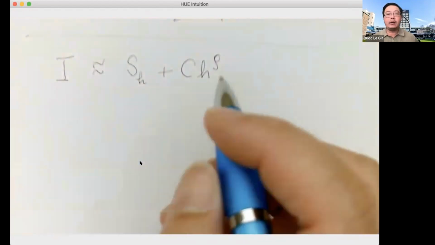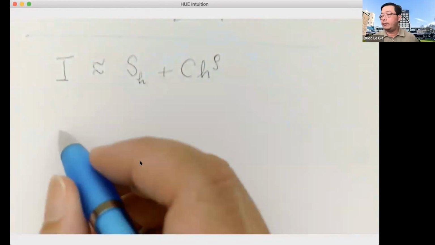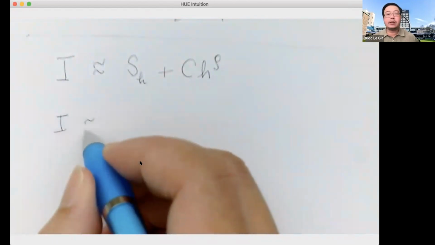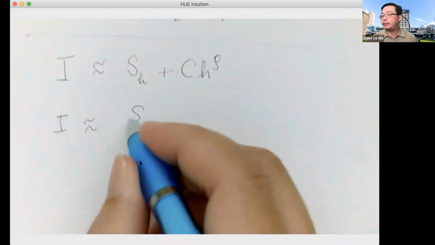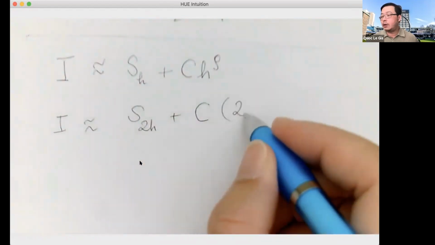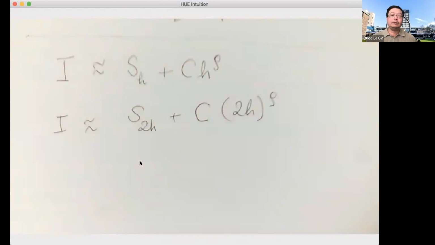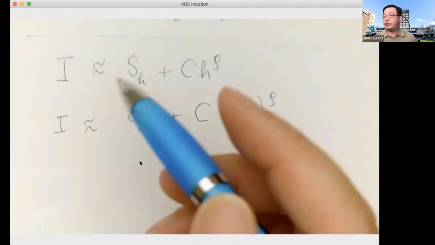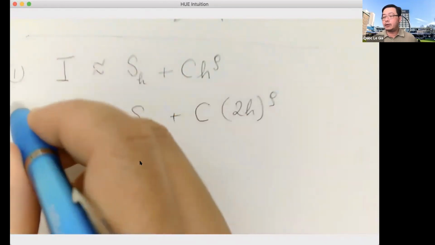Well, if you use this formula for a quadrature with step size 2h, you get the same thing with 2h to the rho. Then you just take the difference, 1 minus 2.